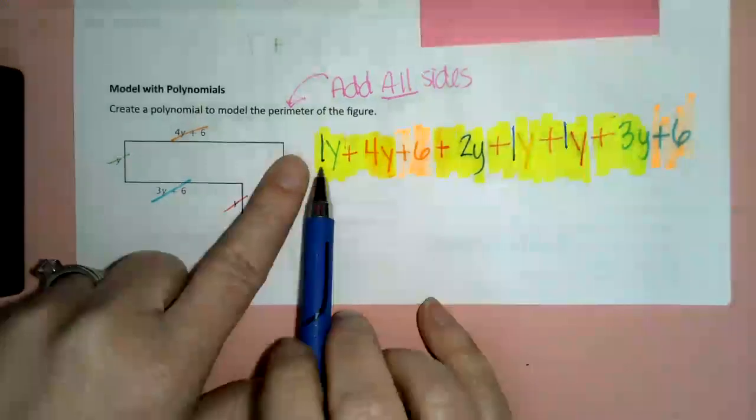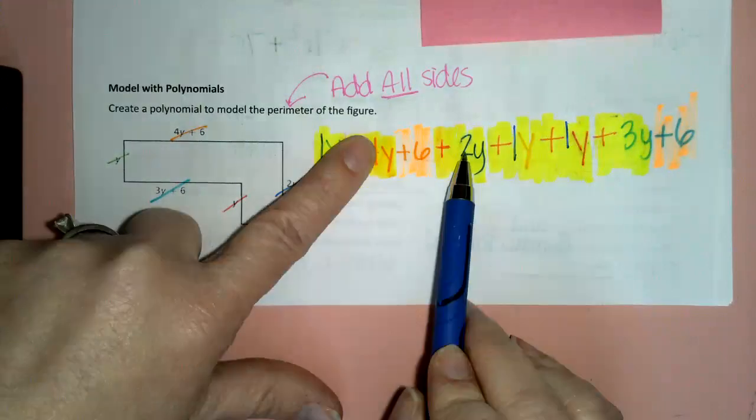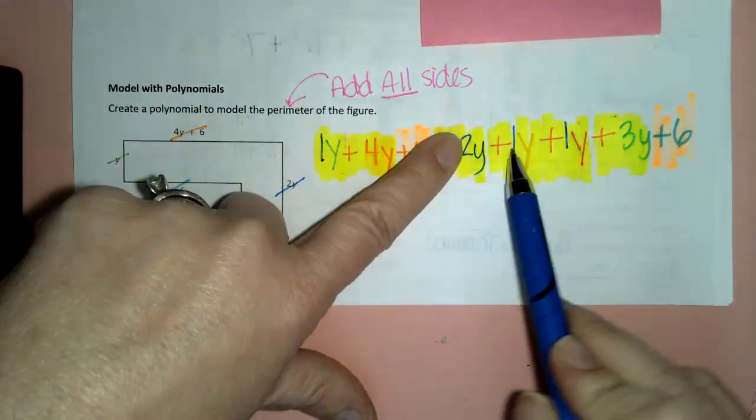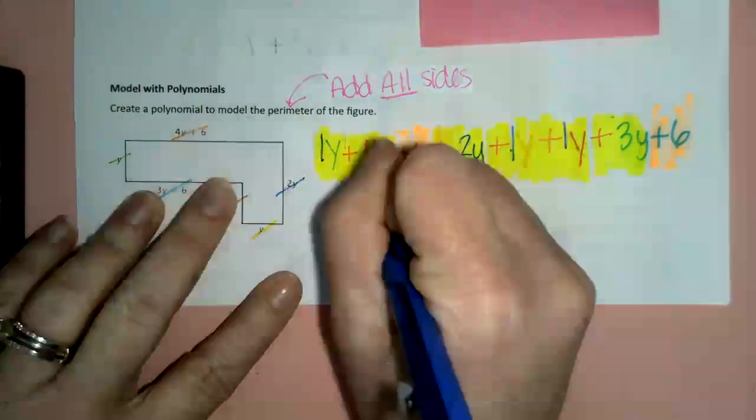So we're going to do what it says. 1 plus 4 is 5. Plus 2 more, 7. Plus 1 more, plus 1 more, plus 3 more. So we have 12 y's.